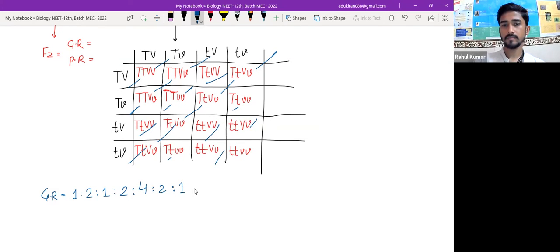These 2 are the same. And this is unique. This will be the genotypic ratio in F2 of a dihybrid cross, where it is following the law of dominance, and there is no incomplete dominance or codominance or anything like that. So we see it's 1:2, 1:2, 4, 2:1, 2:1.